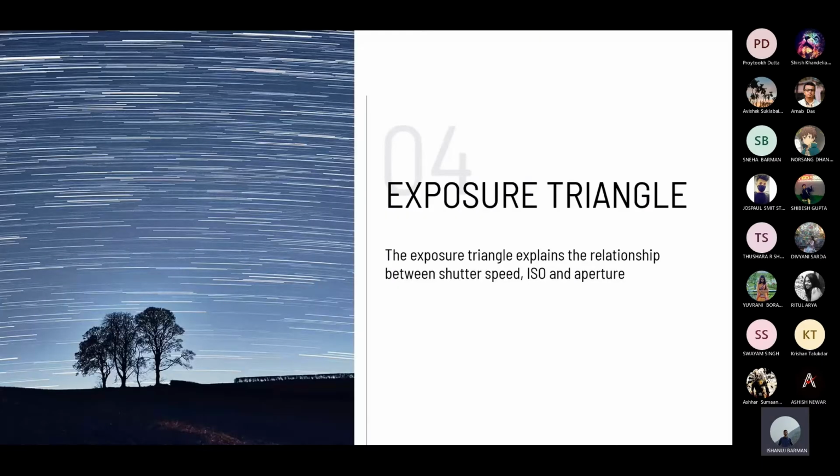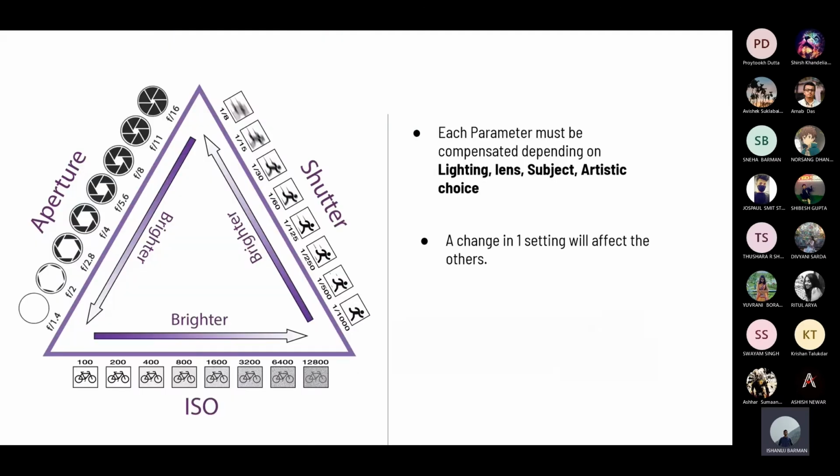Then we have the exposure triangle. It's basically a relationship. It's a theoretical subject, but that doesn't matter unless and until you have a good grip on your camera. If you're clicking a picture and you have a constant shutter speed and can't decrease it, you'll have to compensate the light using aperture or ISO.